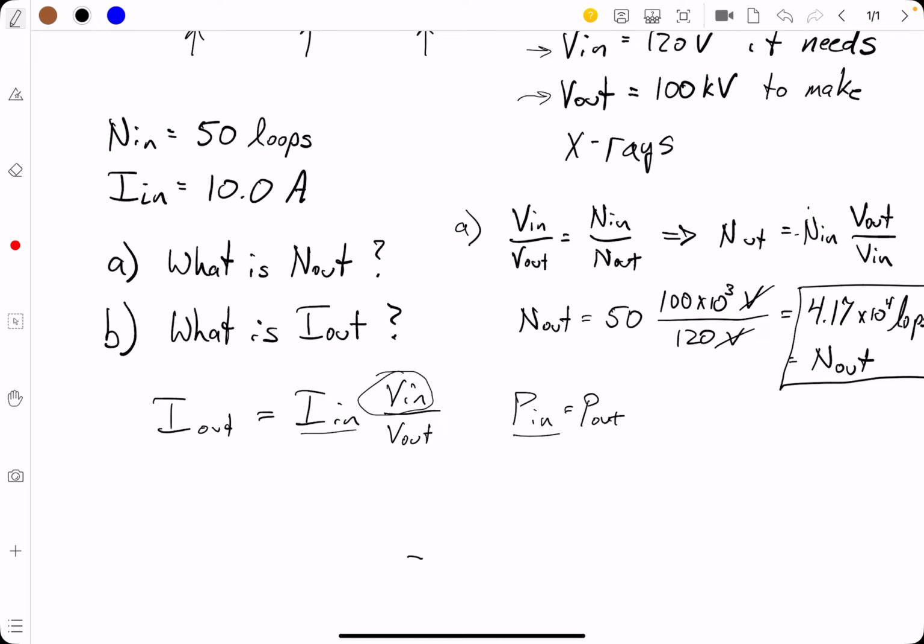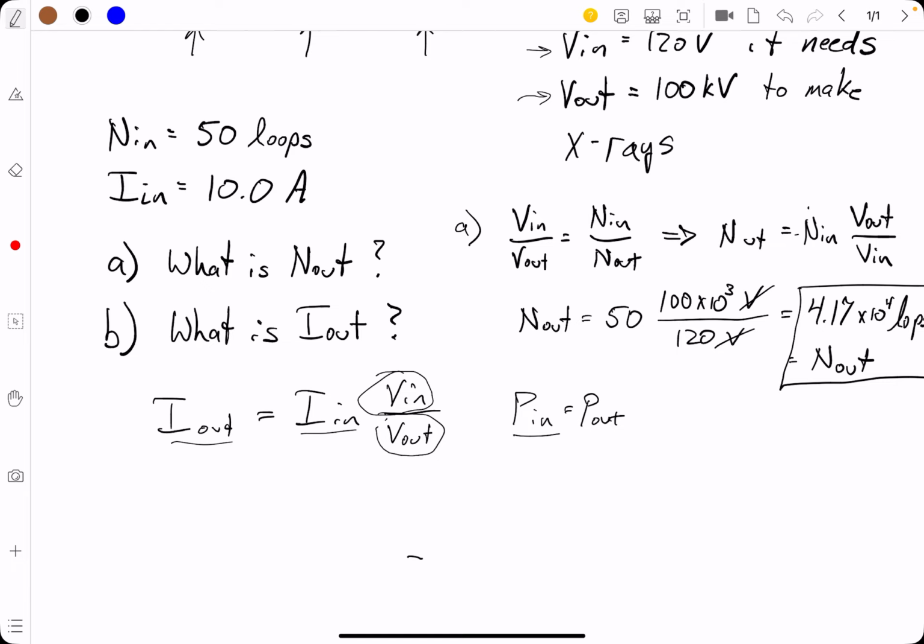So those have to kind of go together every single time. And if that's the case, then of course you would just be dividing by V out to get your I out. Okay? So that's a good way to think about it. Now let's just write down what we know.